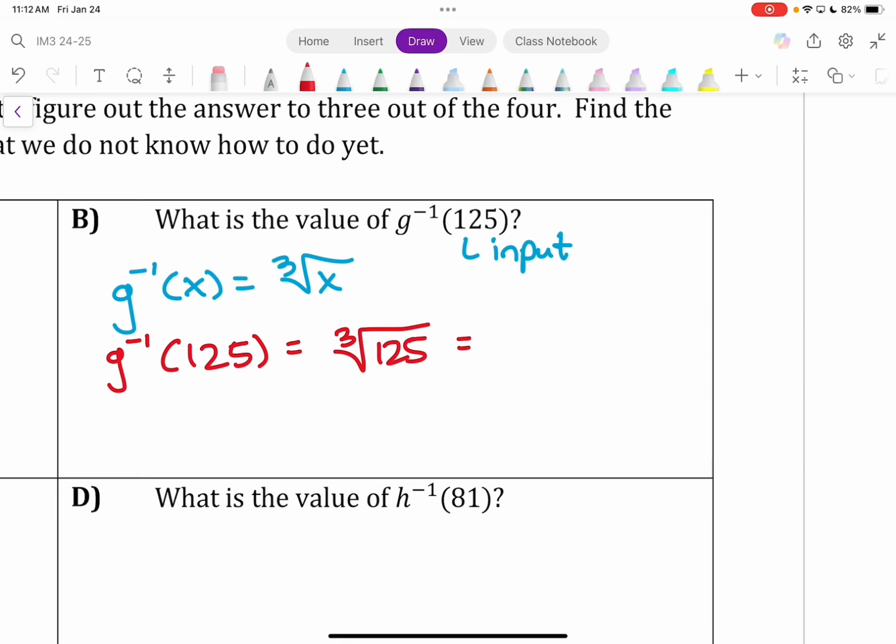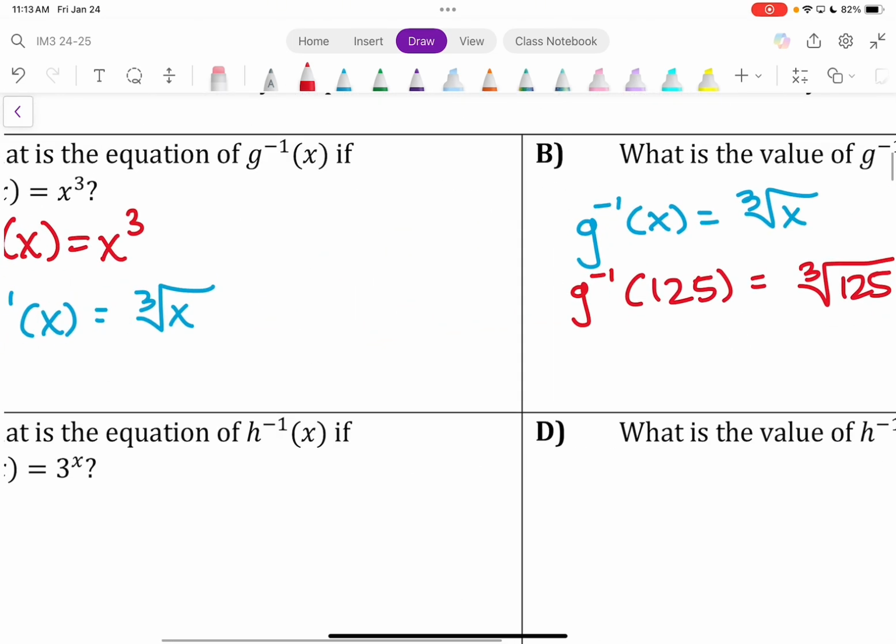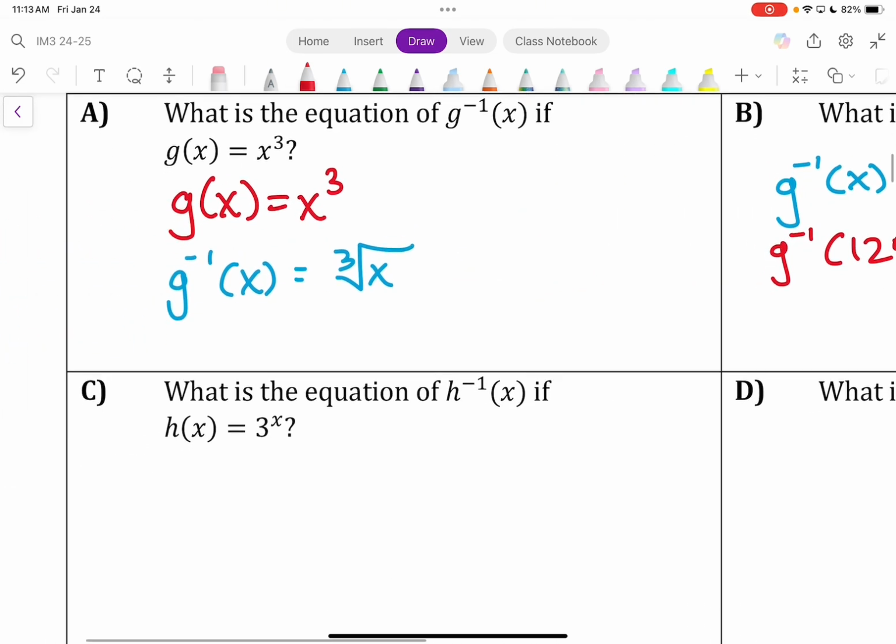And what is the cube root of 125? It's 5. All right, so far out of the 4 problems that we have, 2 of them we've been able to do. So it's pretty straightforward.